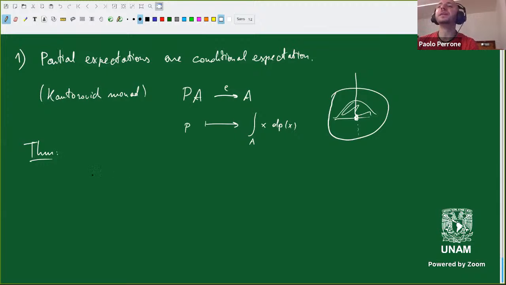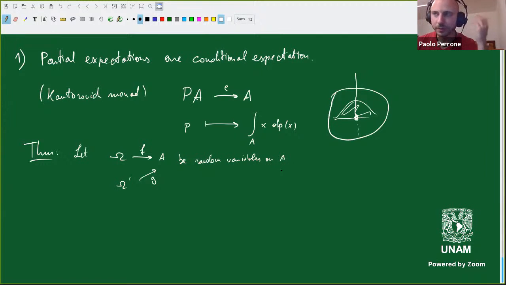The statement here is that let f and g be random variables on A, random elements of A. A is an algebra, like, say, a Banach space, for example, real numbers. So this is a measure space, and this is another measure space. Okay.